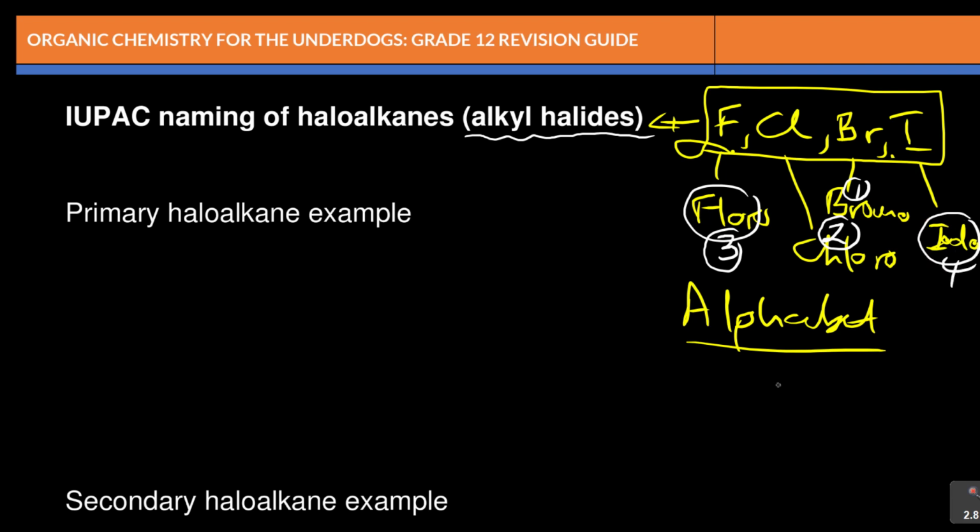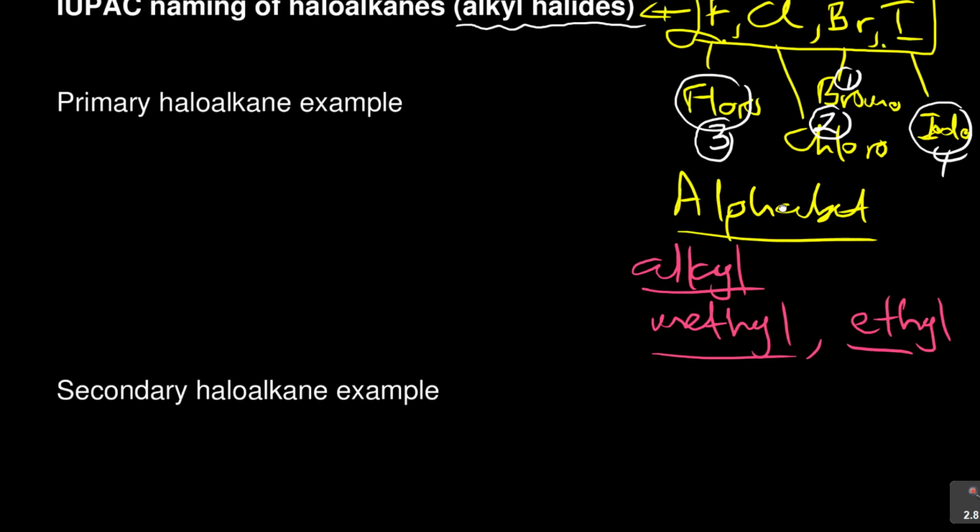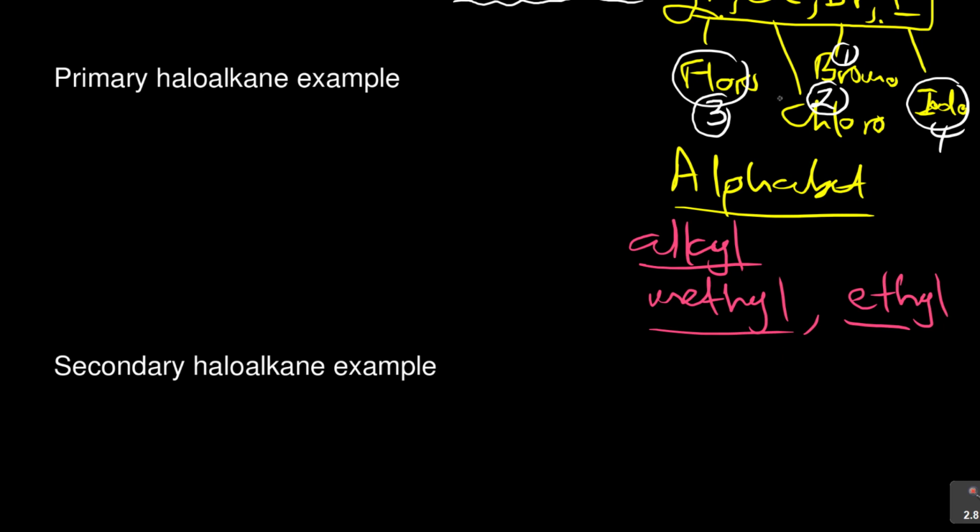But now we can add some extra here: you have the alkyl groups that you can mix in, and our main alkyl groups are methyl and ethyl. So when you've got these also in an organic molecule, it gets a bit more complicated, because they are all equally valid and nothing takes precedence over the other. You just follow the alphabetical order.